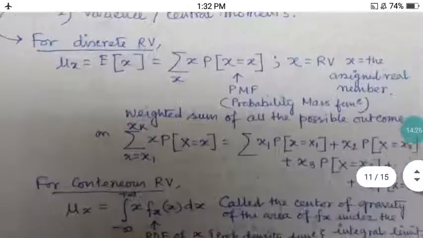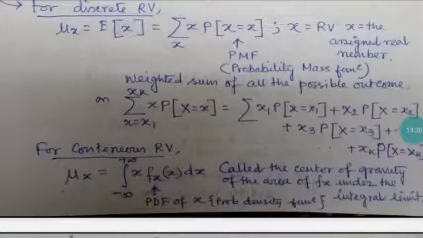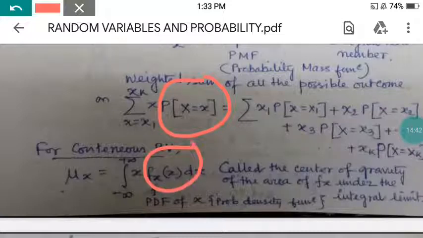Now if you are coming to continuous random variables, there mu x equals the integral of x times small f of x. Here small fx and capital Fx, since it is a continuous case rather than a discrete case, we have to use a PDF.